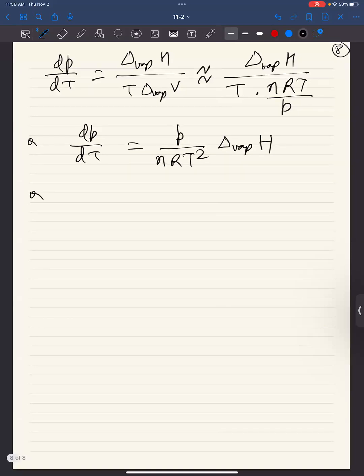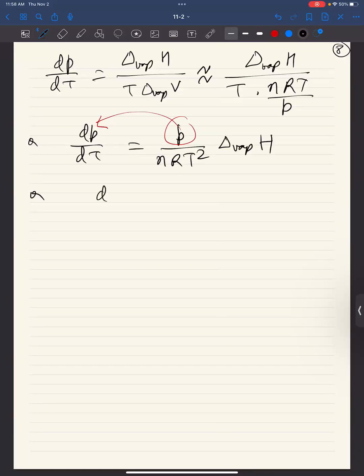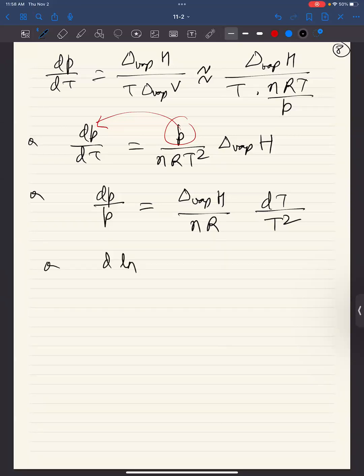Or if we rearrange terms, let's bring P to the left side. This gives us dP by P is equal to delta vaporization H by nR, times dT by T squared. Or d ln P by dT is equal to delta vaporization H by nRT squared.